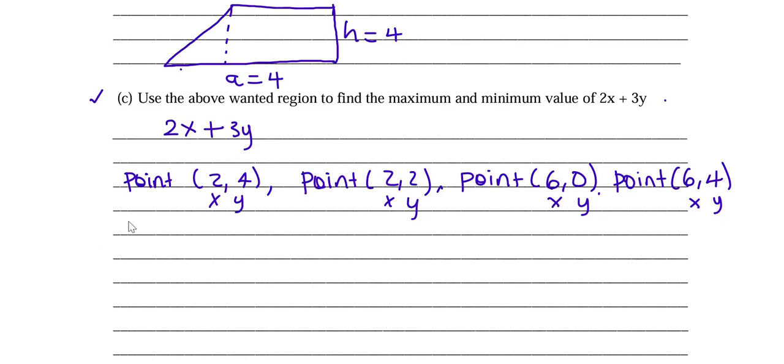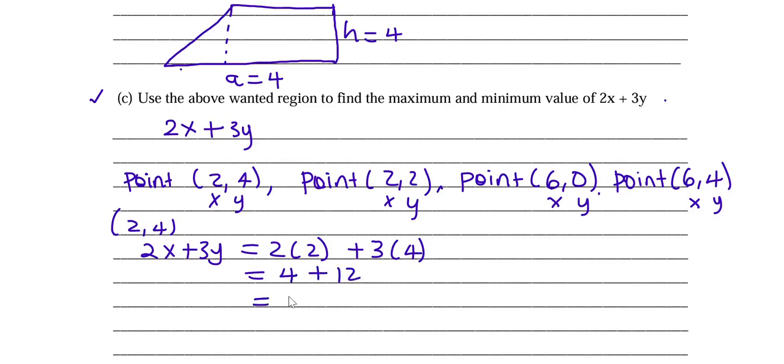So for the point 2 and 4, we shall have 2x plus 3y being equal to 2 times our x, which is 2, plus 3 times our y, which is 4. So this gives us here 4 plus 12, right? And this is 16. This is the value for the first point.